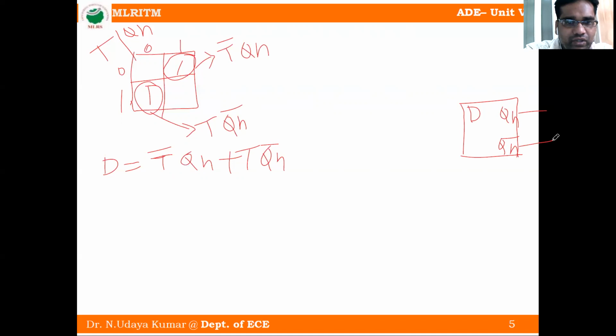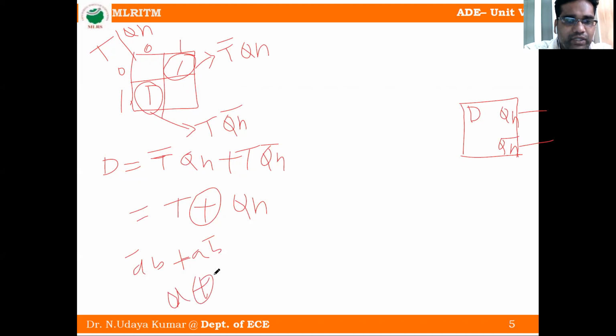so it looks like T XOR Qn because we know that A dash B plus A B dash is nothing but A XOR B. So we write it as T XOR Qn.